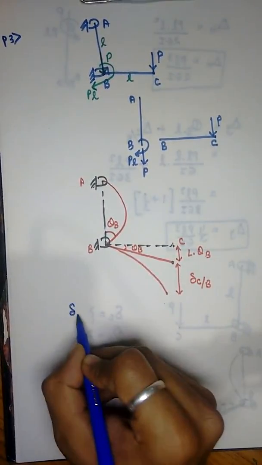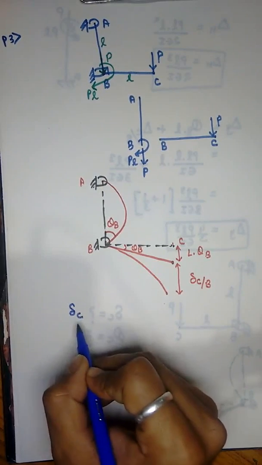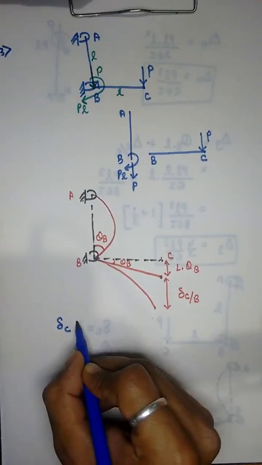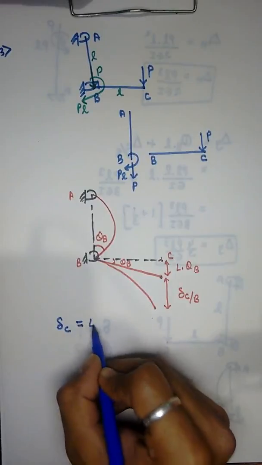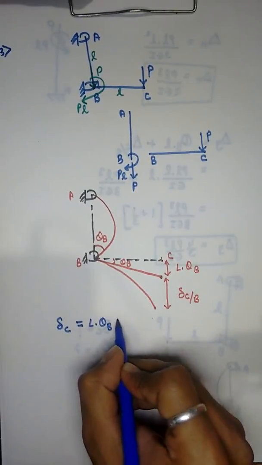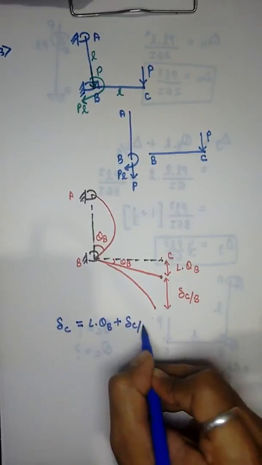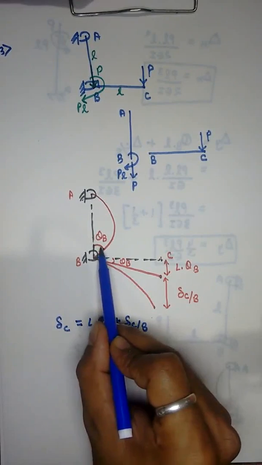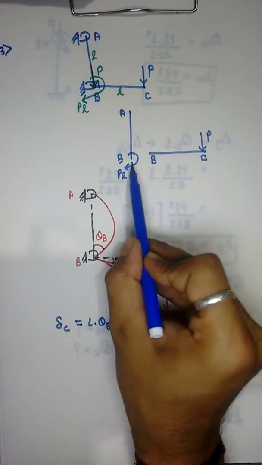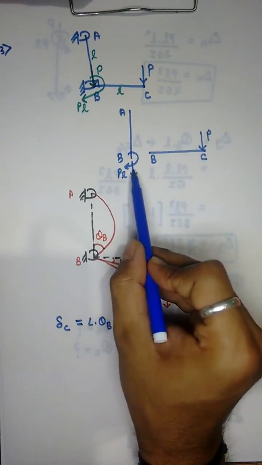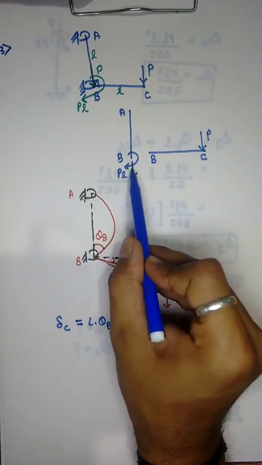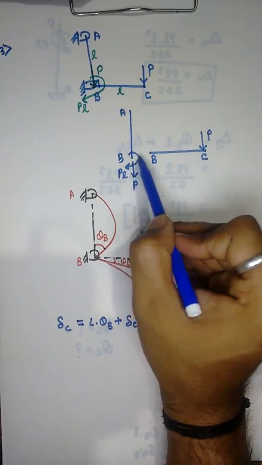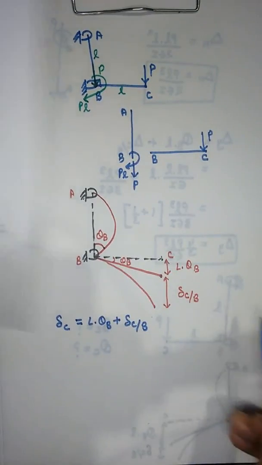So what is the deflection of C? Deflection of C is equal to L into theta B plus the deflection of C with respect to B. So what is theta B? This theta B is due to the moment PL only, because this vertical load P is axial to AB and it will cause no deflection in AB.